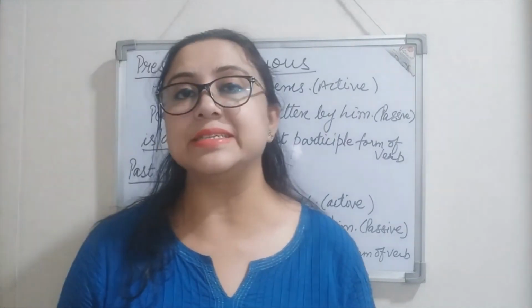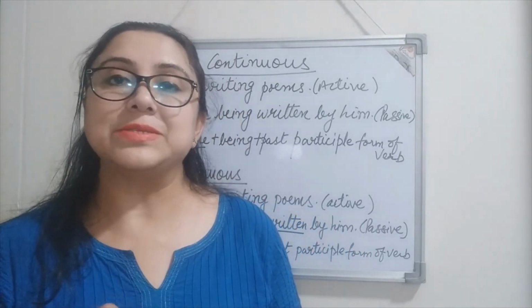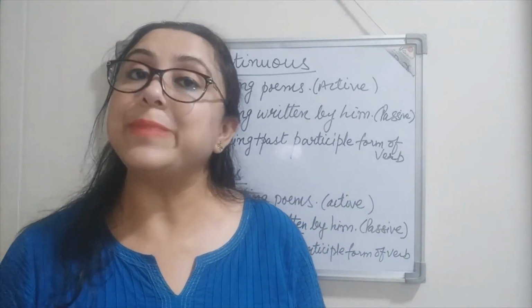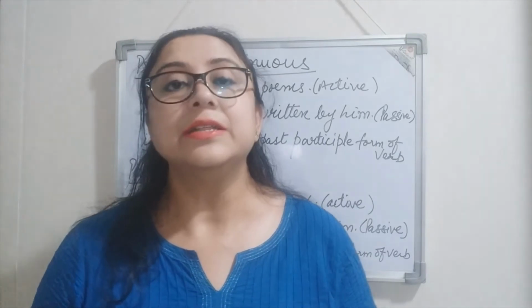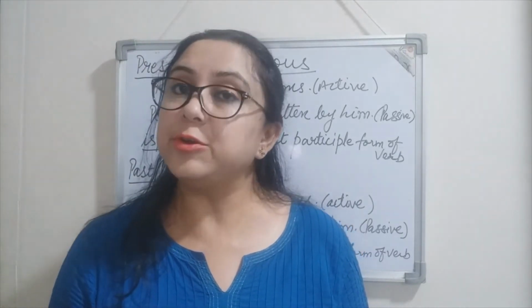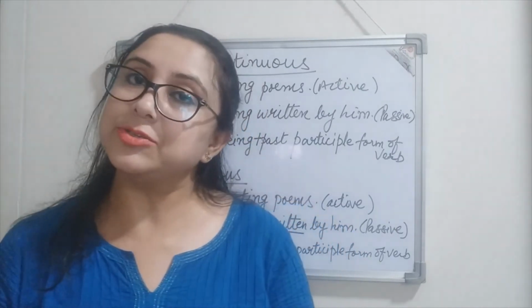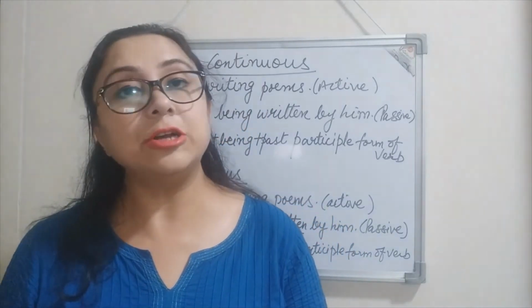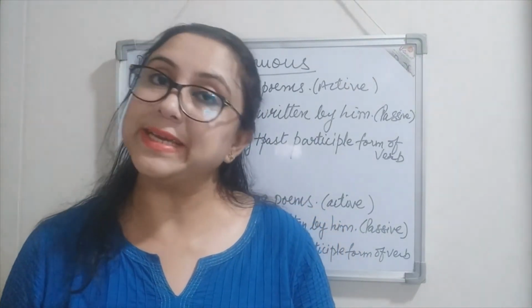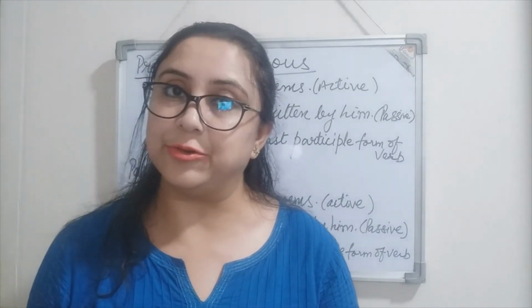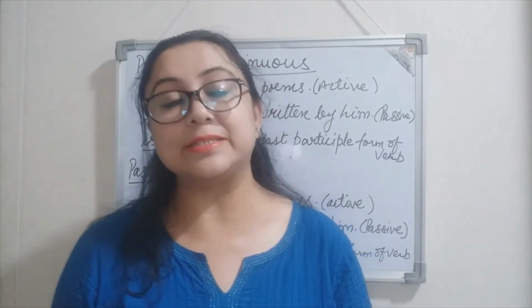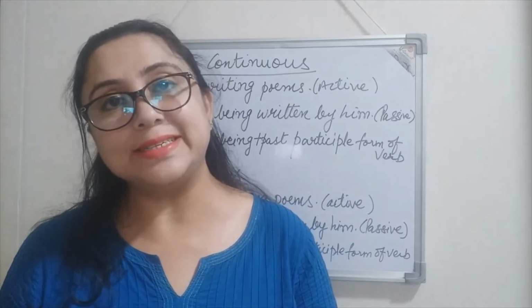I repeat, the sentences or the verbs cannot be expressed in passive voice if the verb is in future continuous tense, right? Future continuous tense cannot be converted, cannot be expressed into passive voice. Clear? So now let's proceed with other tense forms.